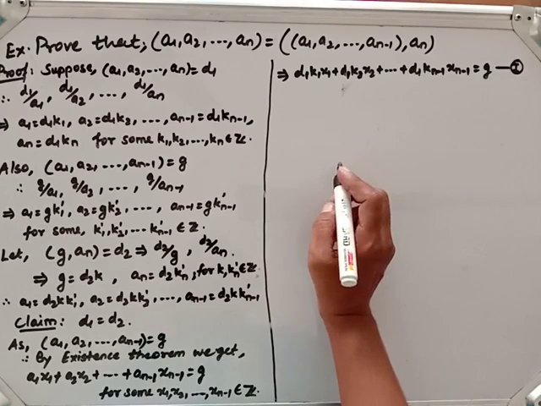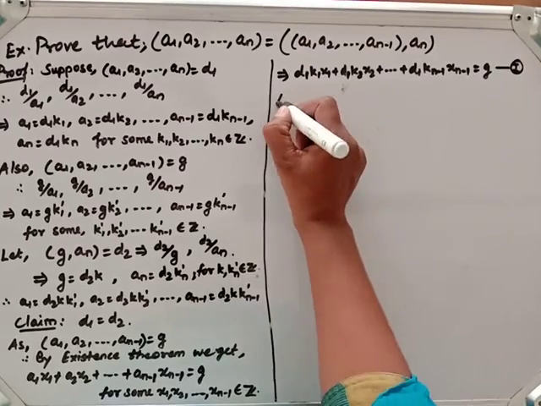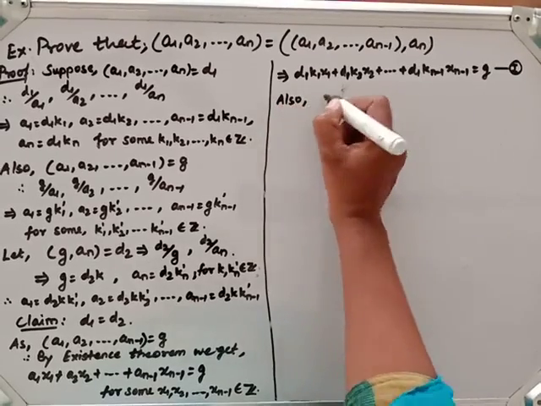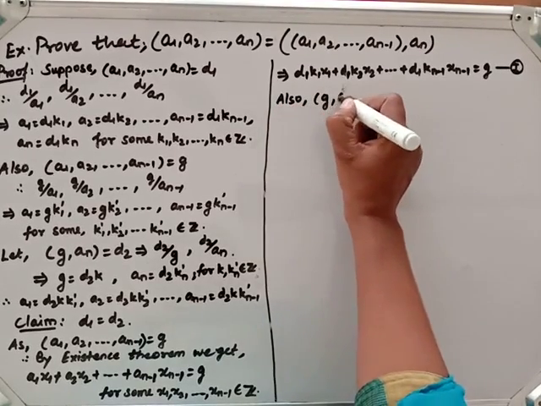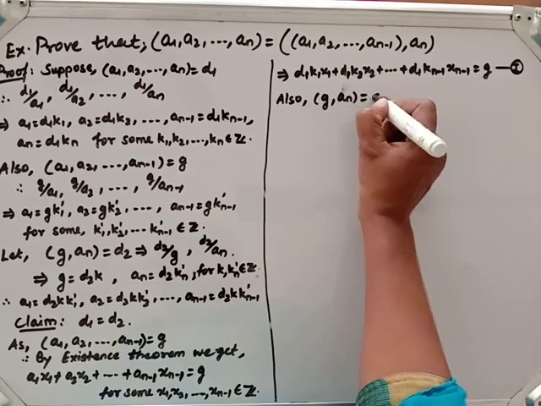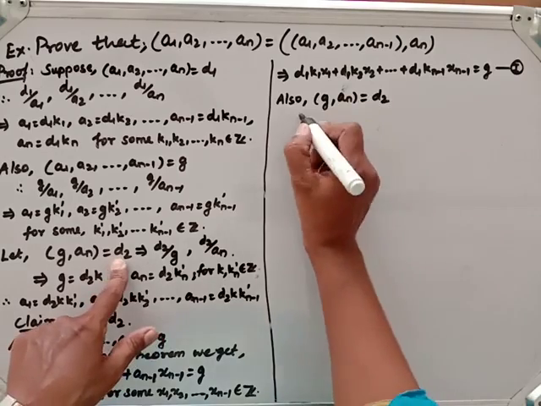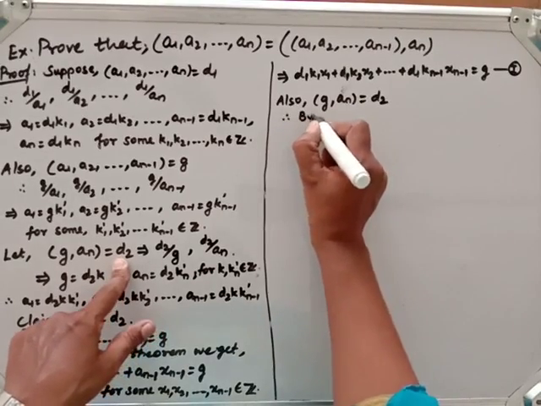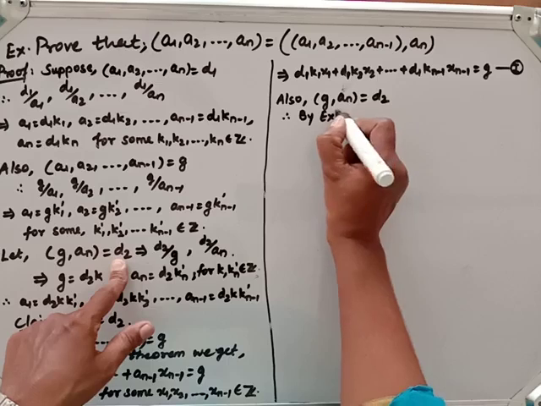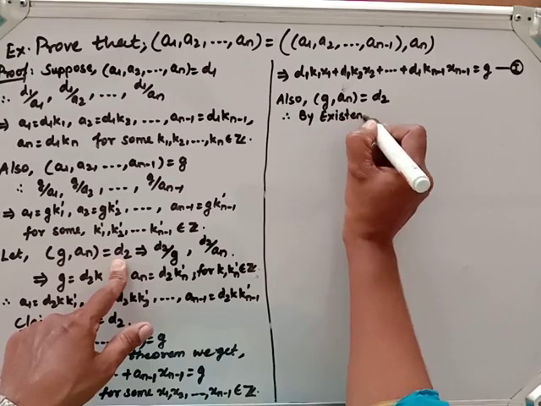Fine. Now here I can say also that the GCD of G and an is d2. I want to use this. Which theorem do we have to use? Again the existence theorem, or linear combination theorem.